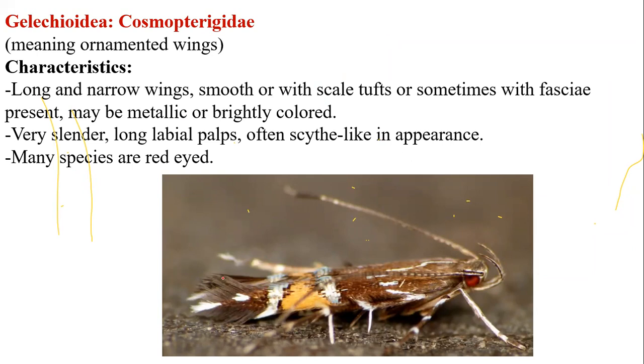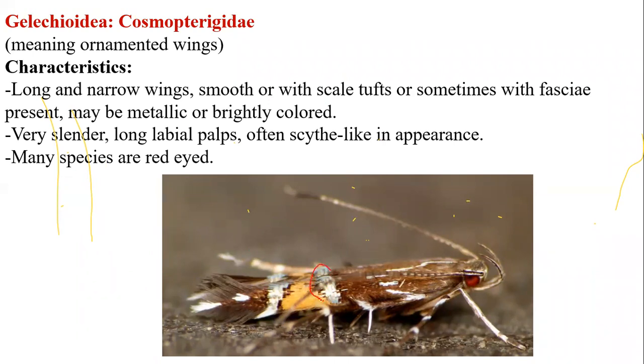Let's discuss again. Okay, the adults belonging to this family usually have very long and narrow wings, as you are seeing here, and their wings can be smooth or sometimes have scale tufts.